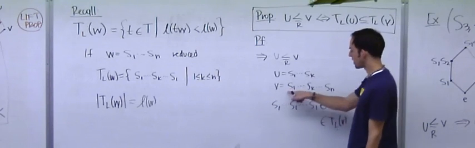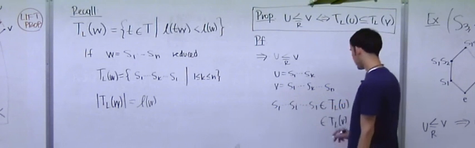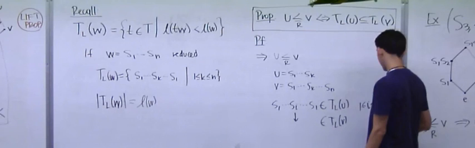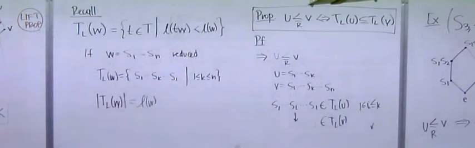And of course I can. I start at S1, I go up to SI, and I come back down to S1. So this is also in TL of V, and that proves one direction.